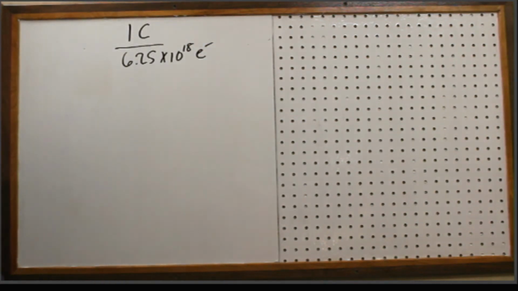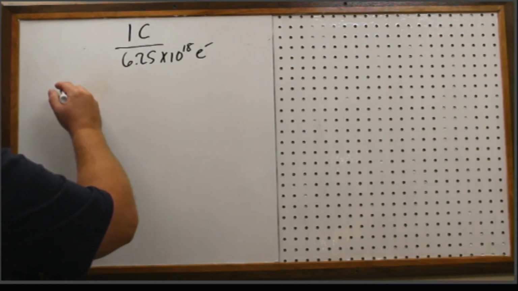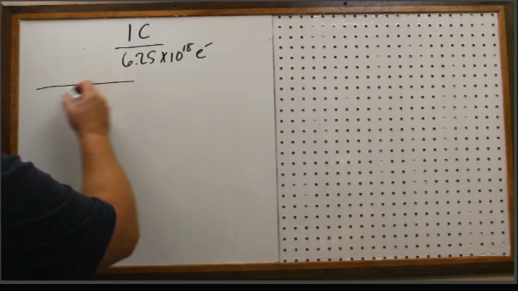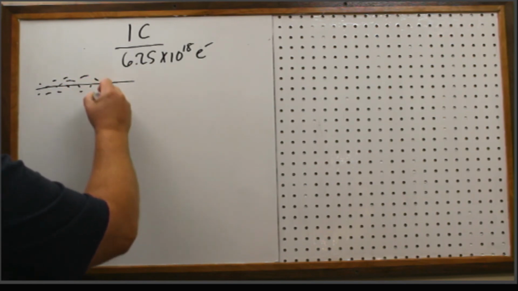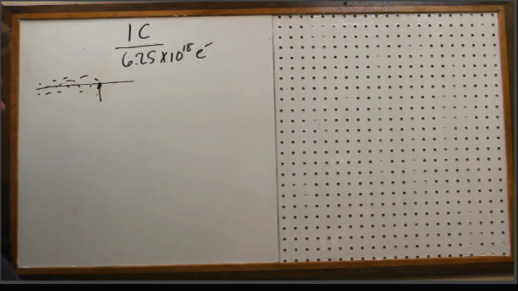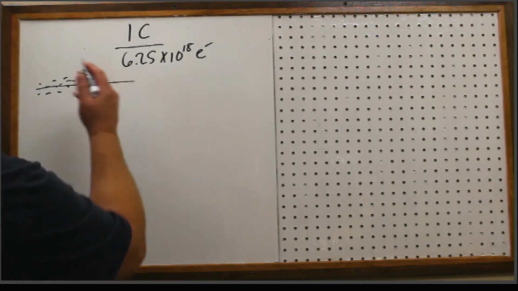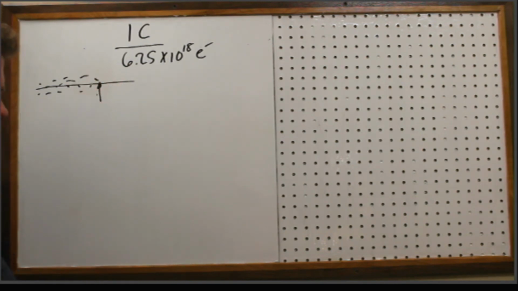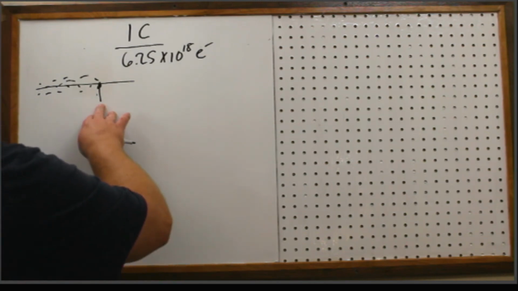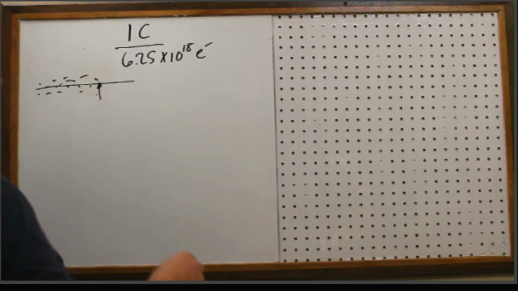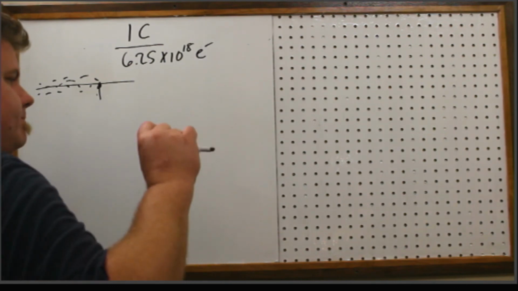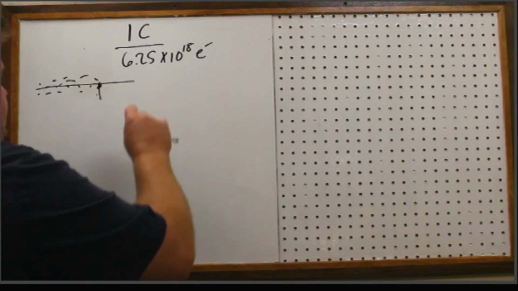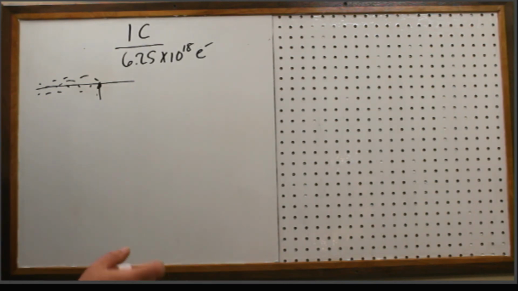So the example I like to use here is if you had a piece of wire and you had your electrons flowing down and you were looking at one point right here, okay? And you said you had some super powerful electron microscope, which by the way doesn't exist, where you could count like this, because if you know anything about electrons, you can know their position, and you can know their speed, but you can't know both.